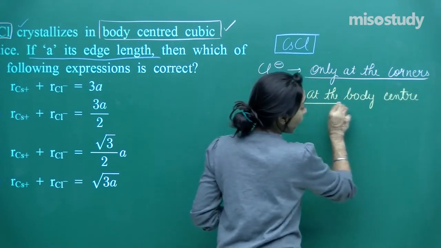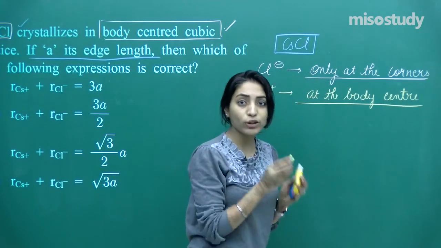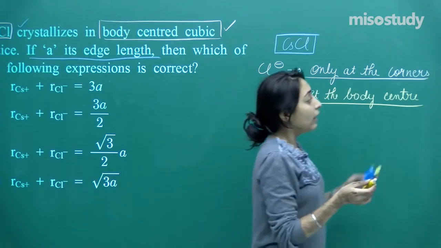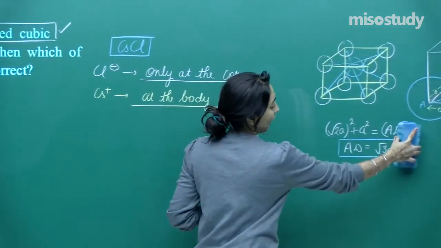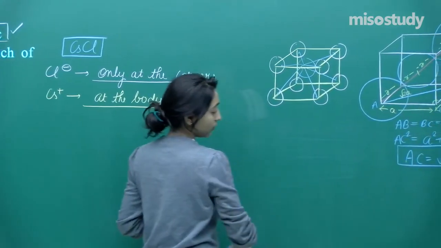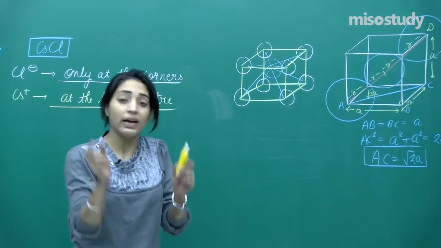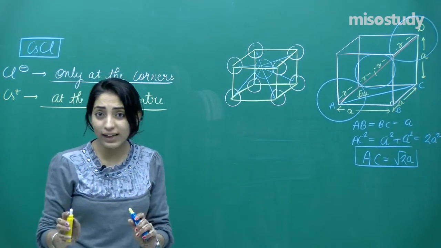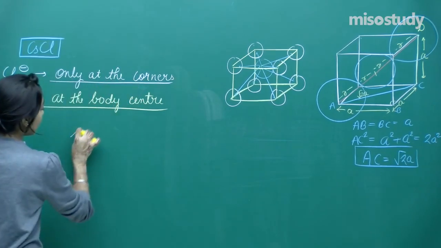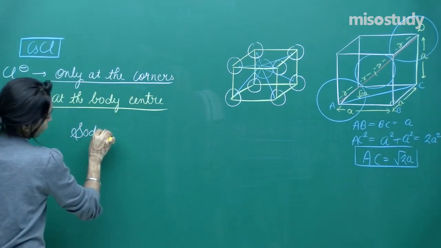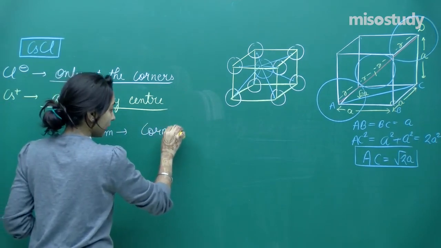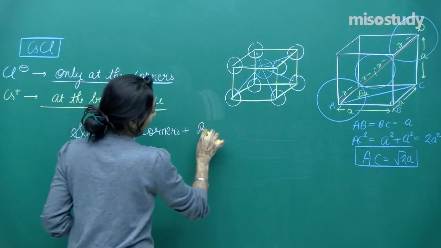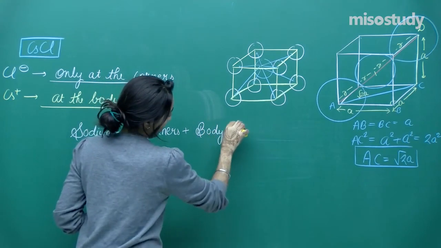So see guys, what is the difference between this question and the earlier question? When I was talking about the earlier question, I said that all the atoms which are present at the corners and at the body center were same. That means earlier the sodium atom was present both at the corners plus at the body center.